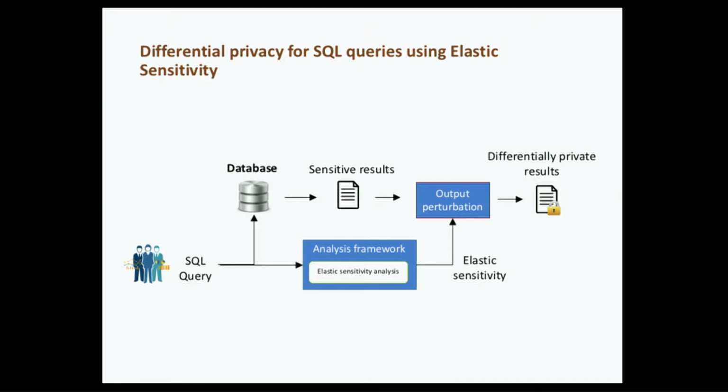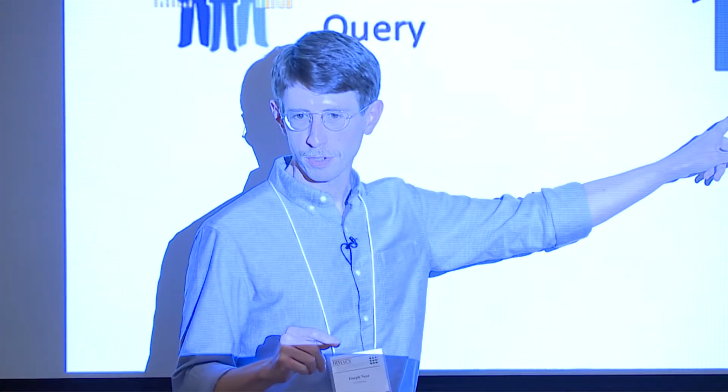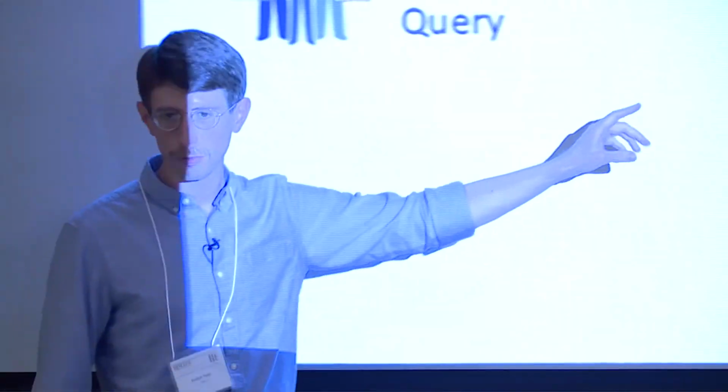Yes? So it looks like the data doesn't get to the analysis framework. The data doesn't get to the analysis framework, but you have to know something about the data in the analysis framework. Yeah. So I think that's what you're getting at here. Yeah. So that was my question. So the picture is slightly simplified. Depending on how you deploy this, you might want to do this in different ways, right?